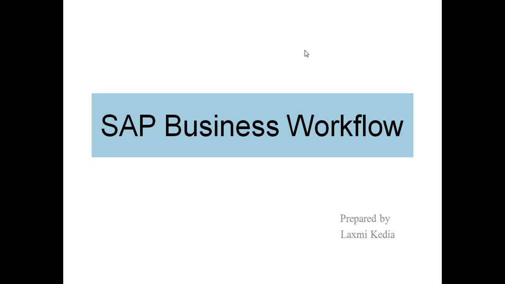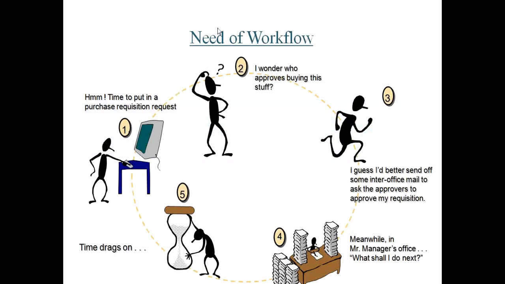Everything will be defined in the system with a pre-planned time and pre-planned steps. So there is nothing to worry about, how long it will take or who is going to approve the request. We don't have to care about anything; everything is defined in the system and the system will take care of it. So this is SAP Business Workflow and the role it plays in the business.